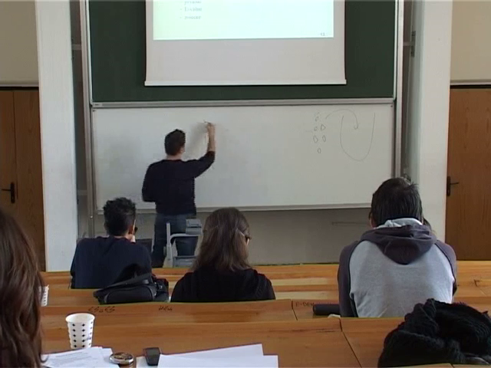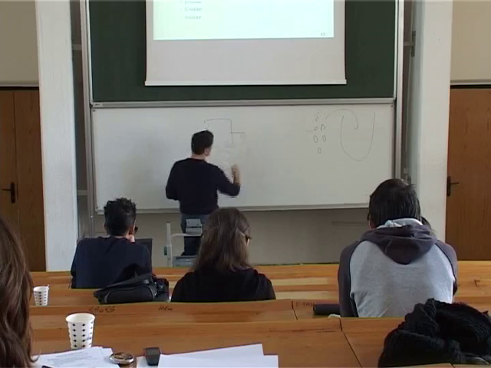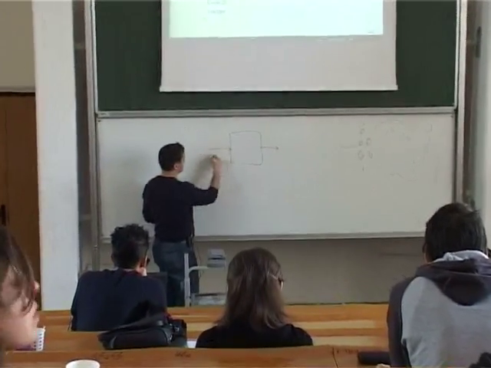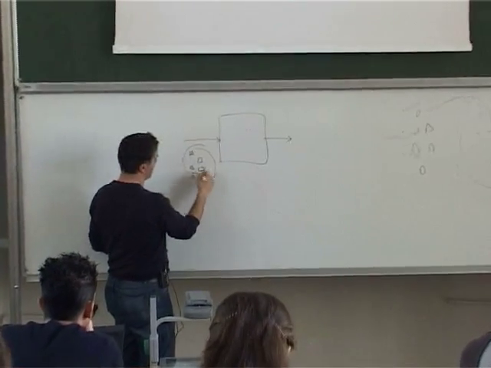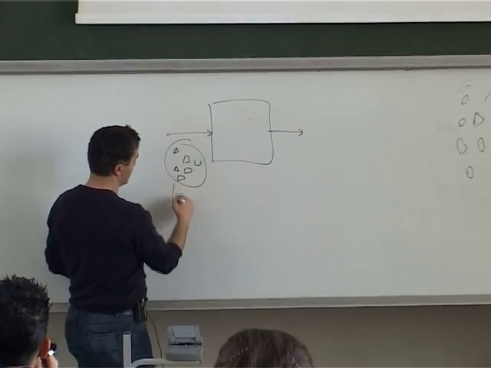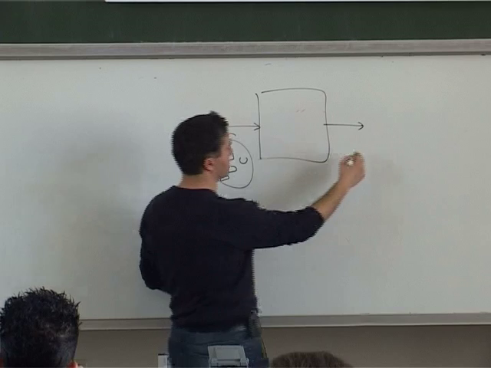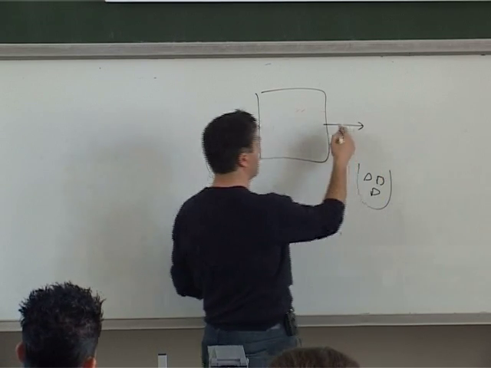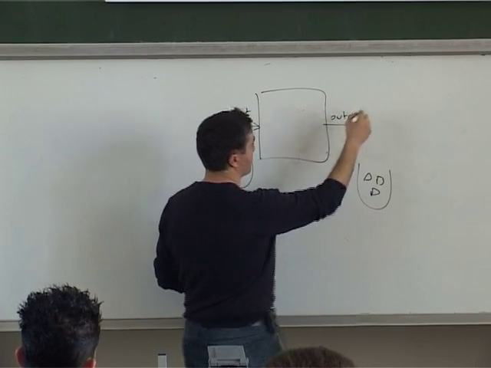So we have an algorithm, and this algorithm takes as input the set of items and the bag size, and it says that you need to put these items in the bag. This is the input of your algorithm. This is the output of your algorithm.